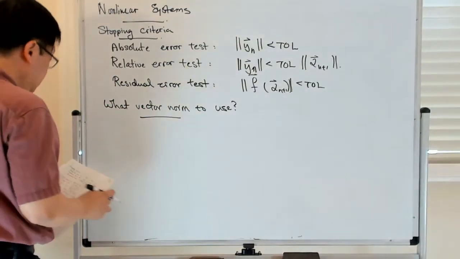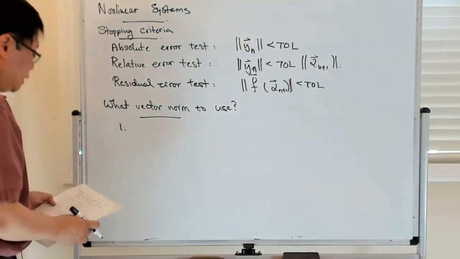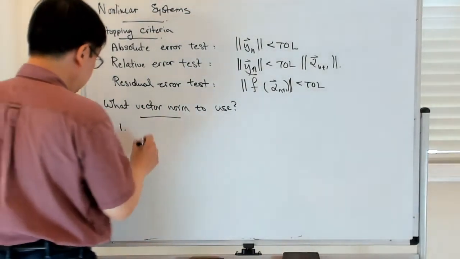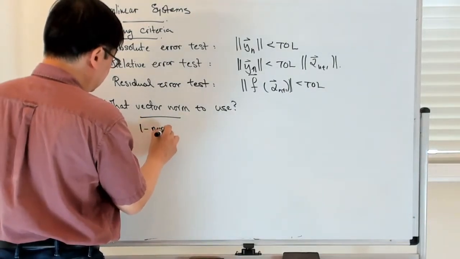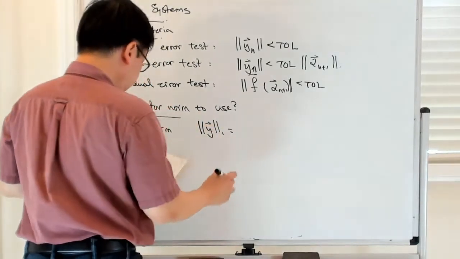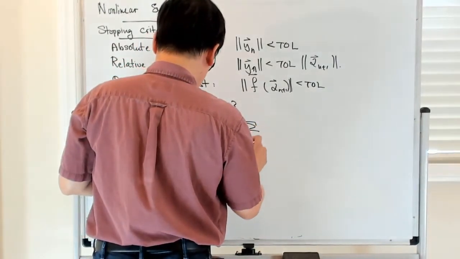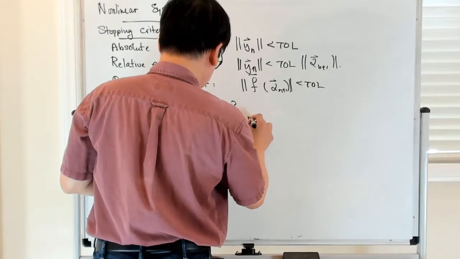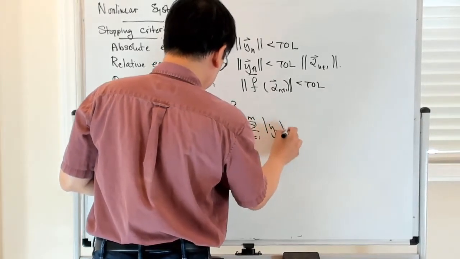Let me briefly reintroduce a few of them. The one norm is just the sum from k equals 1 to m of the absolute values of the components.